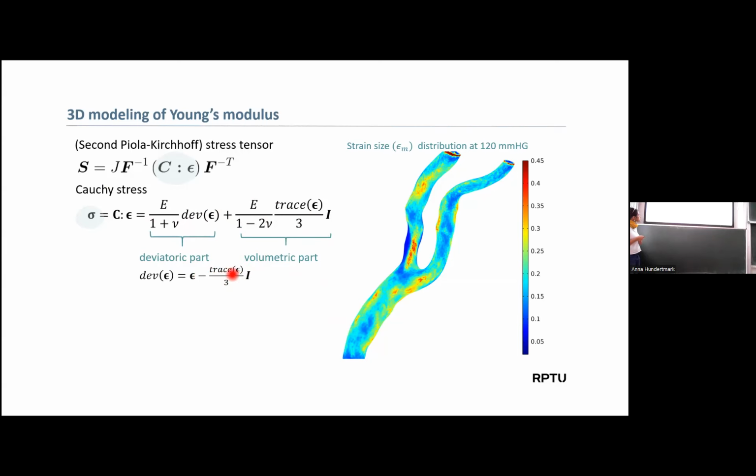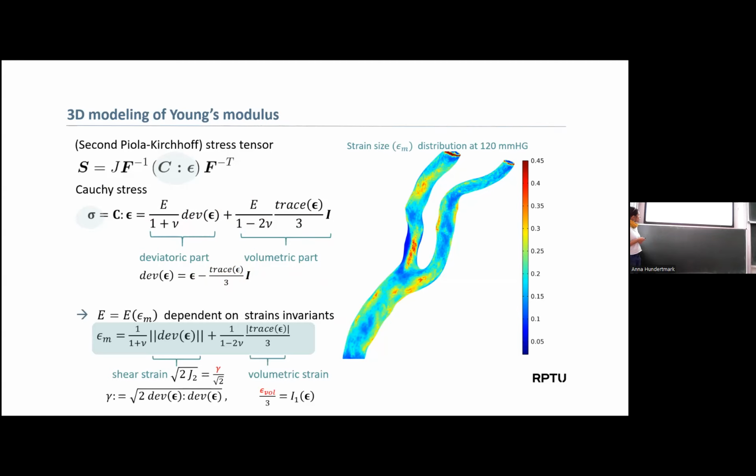Okay, and so the trace of the strain is included in the volumetric strain, which is some kind of strain invariant. There are several strain invariants. The first invariant is called shear strain. The second one is the volumetric strain, denoted sometimes I1. This is the volumetric strain. Okay, this is the trace of this strain epsilon, and shear strain is some square root of J2, which is also called gamma, the octahedral shear strain.